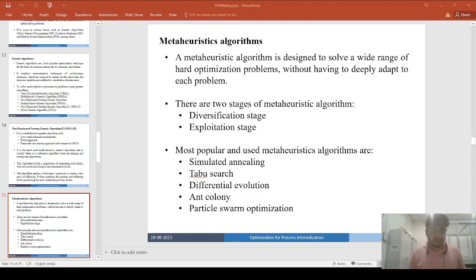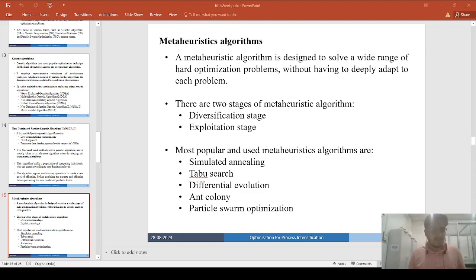The diversification stage allows you to explore a large part of the search space, while the exploitation stage concentrates the efforts on those areas of the search space which are more promising.